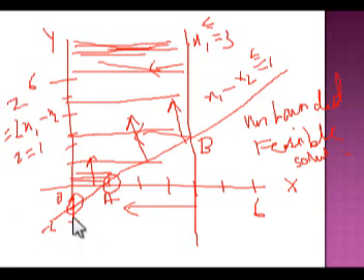So the price line will pass through in this way. If we put half and 0, then we also get z equal to 1.